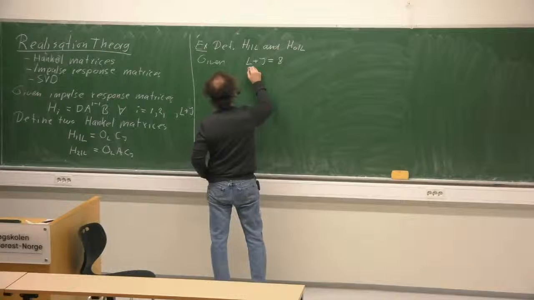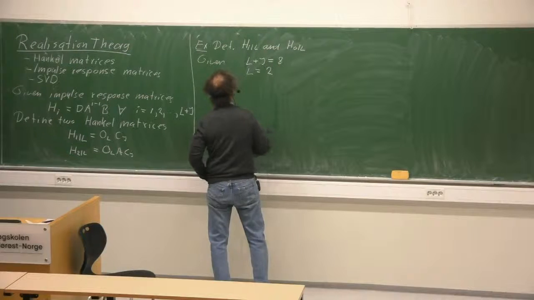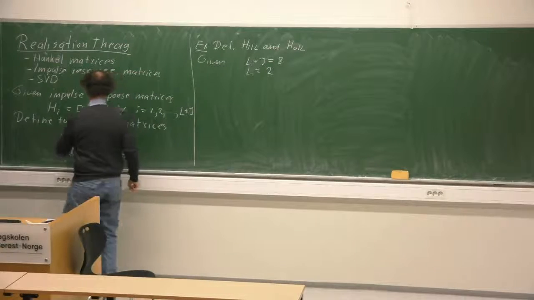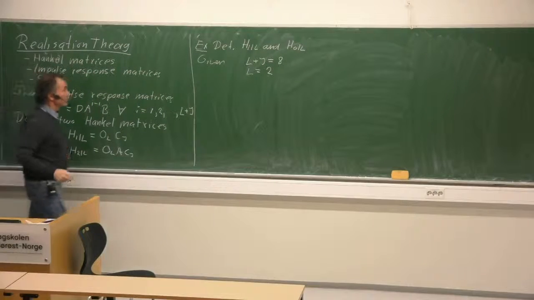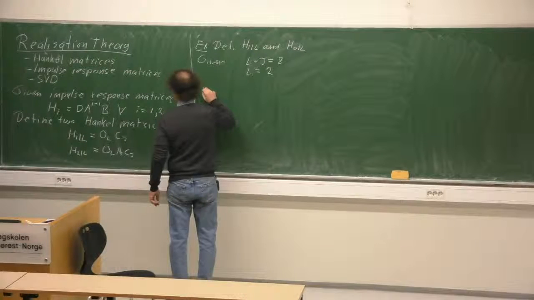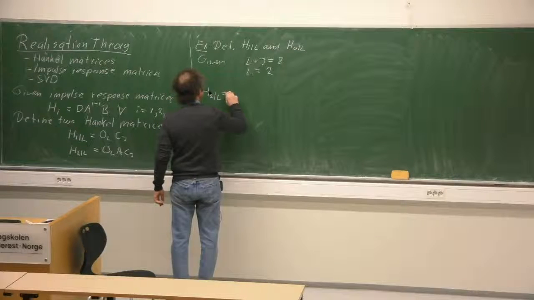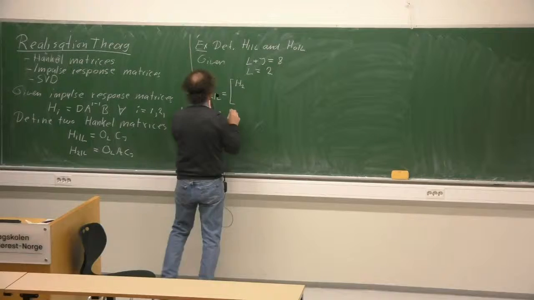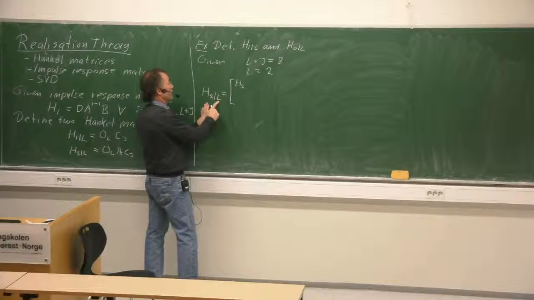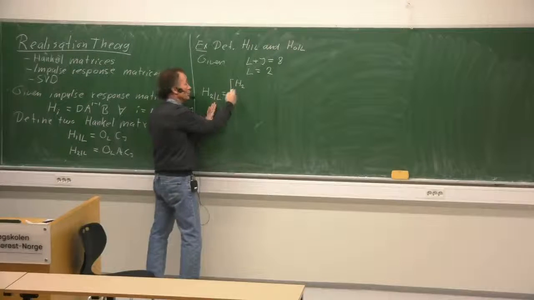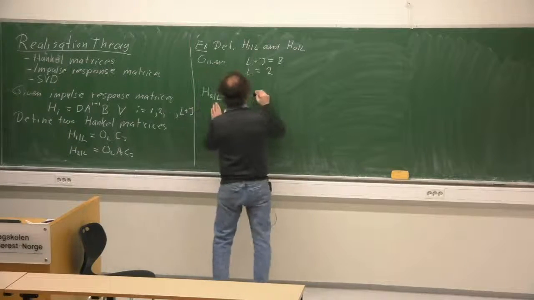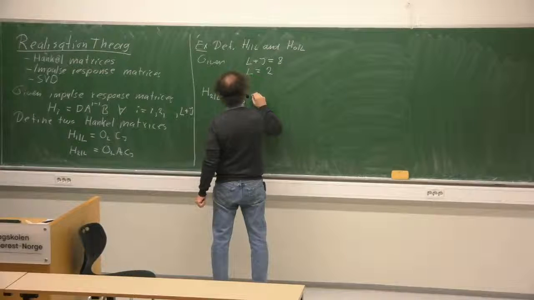Let us also specify L equal to 2. Then we start to fill out this one. H2 given L, we start with the Hankel matrix H2, and L equal to 2 means that we should have 2 block rows.